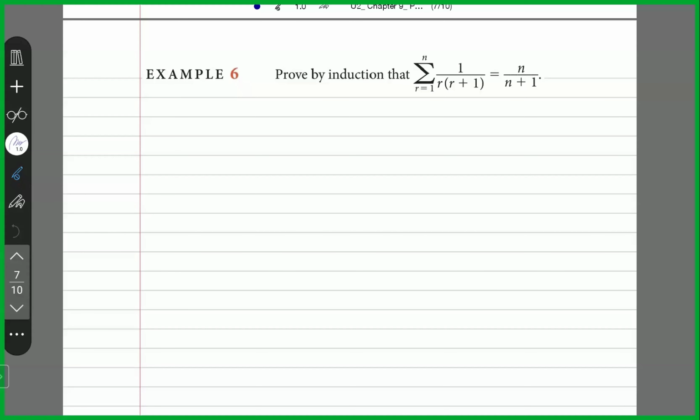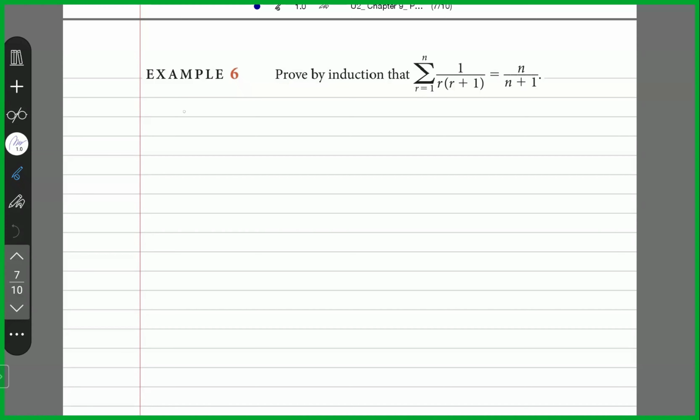All right, so example 6. Example 6 is asking us to prove by induction that the sum from r equals 1 to n of 1 over r into r plus 1 is equal to n over n plus 1.